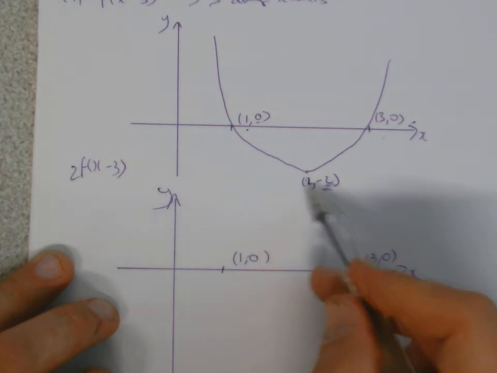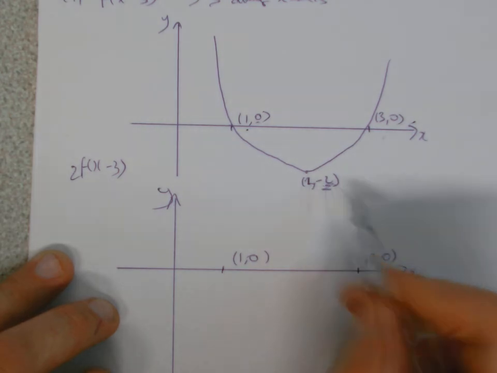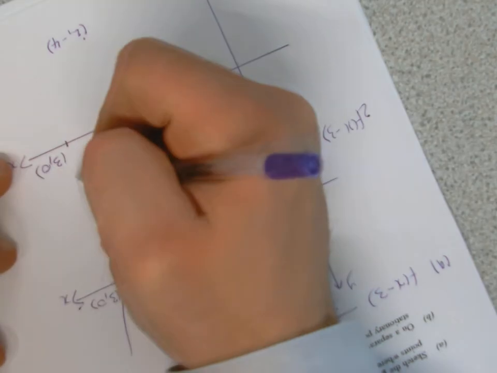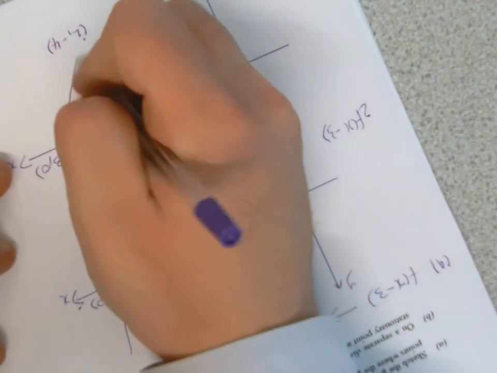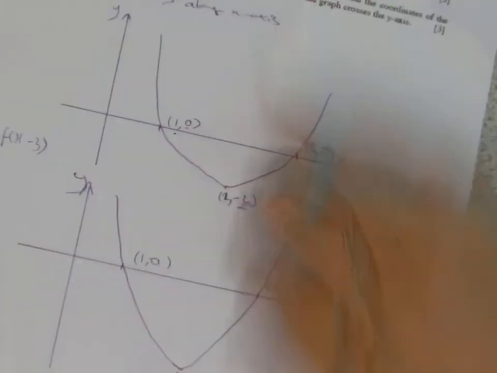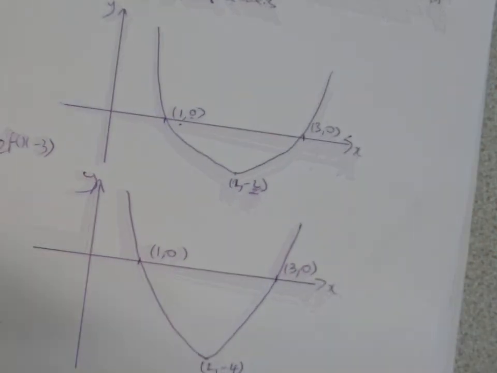Times this by 2, you end up having 2, that stays the same, but that becomes minus 4. Okay? Right, so you have a similar looking curve, but it's stretched. Goes to the same points on the x-axis. It's stretched, and your job done.